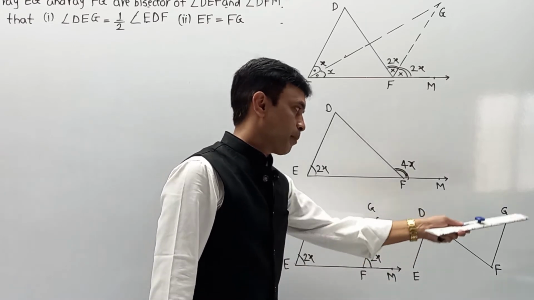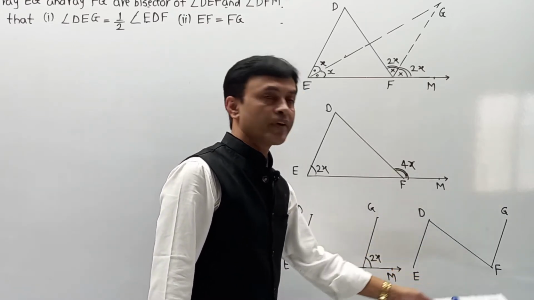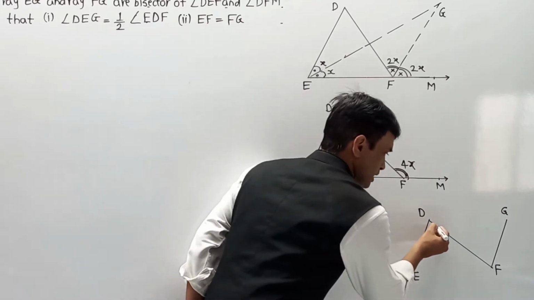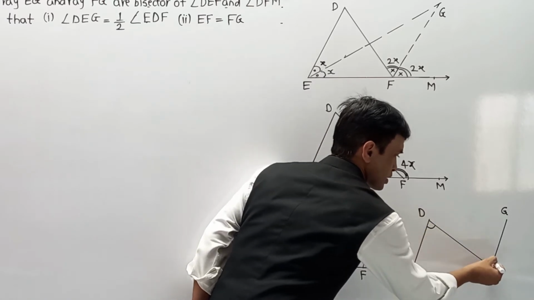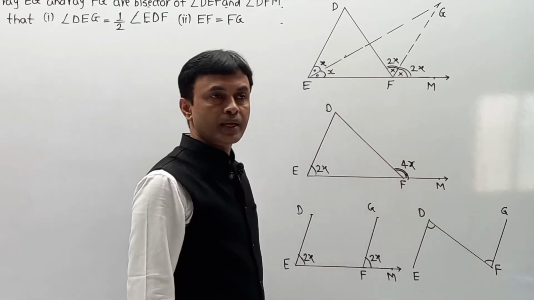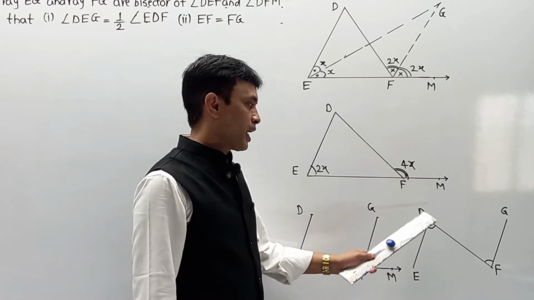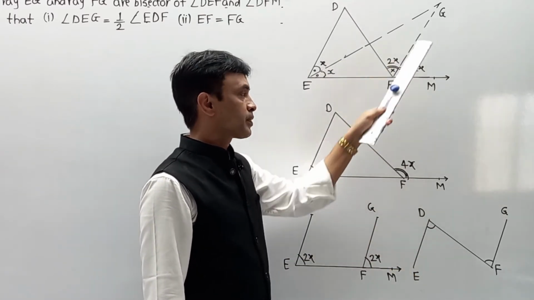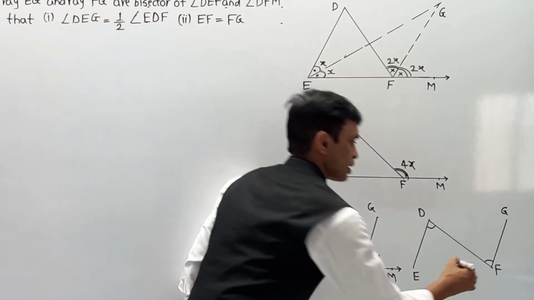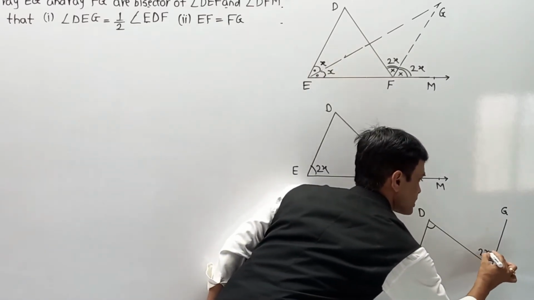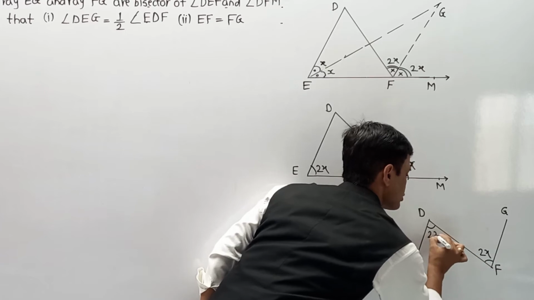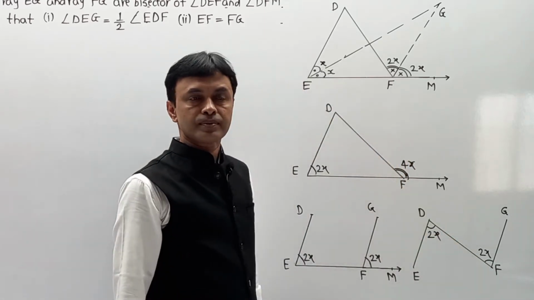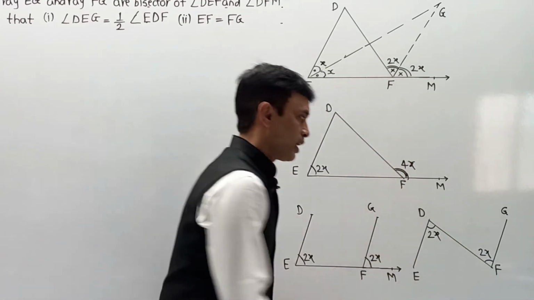If DE is parallel to GF and DF acts as a transversal, you can say that this angle must be congruent to this angle. Naturally, angle DFG is 2x over here. So if it is 2x, automatically this angle also becomes 2x because these angles are alternate angles.